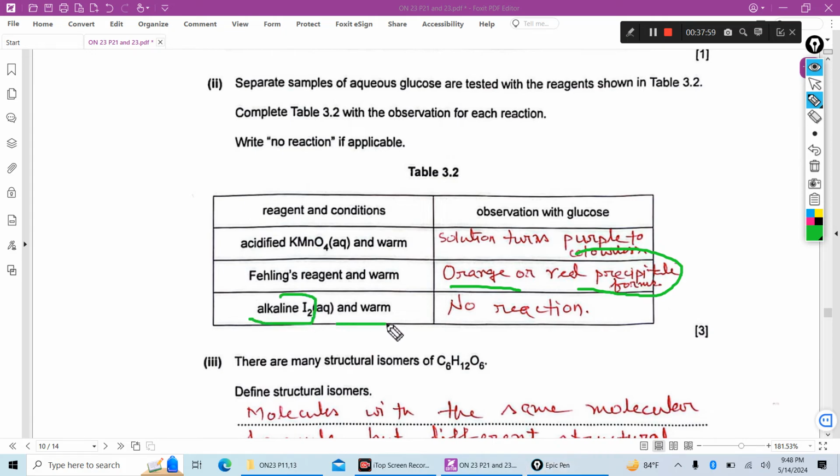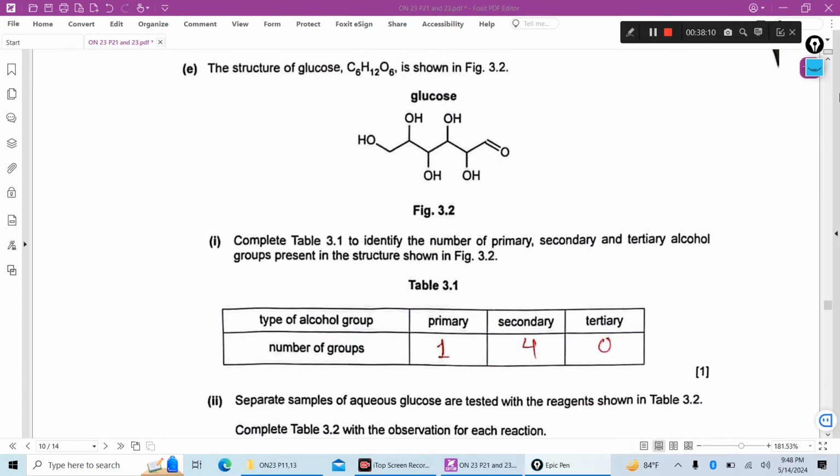Alkaline iodine solution and warm, here no reaction. Why? Here there is the iodoform test. Alkaline iodine plus sodium hydroxide reacts with secondary alcohol and methyl ketone.